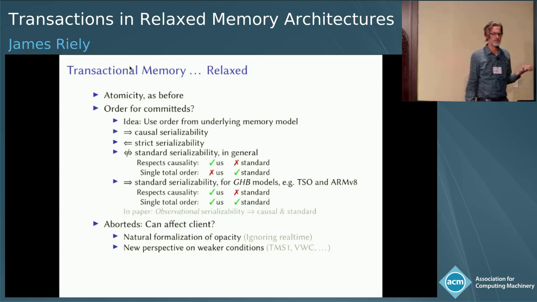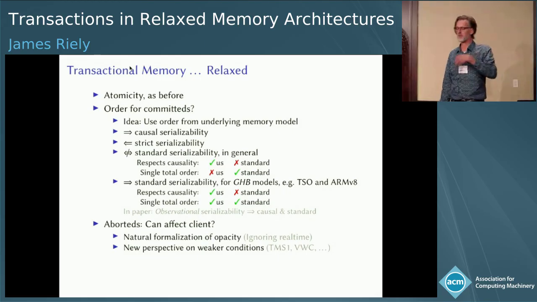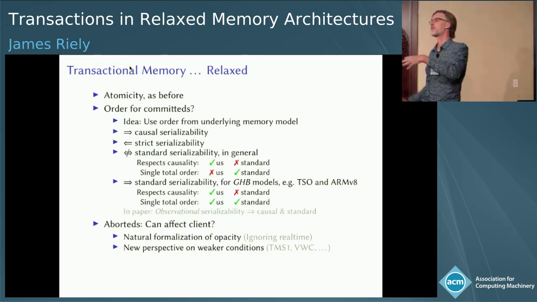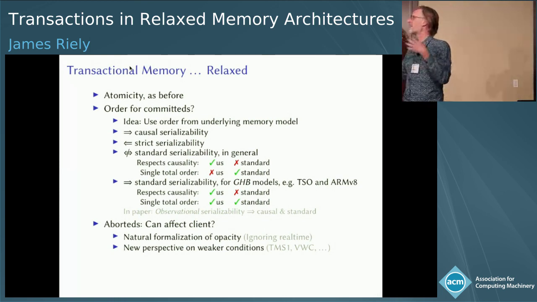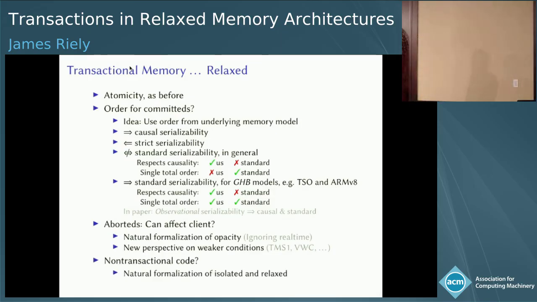For aborteds, doing nothing, just doing what we think we're doing, we naturally just get opacity. Doing a little bit more work, we can come up with these weaker notions, but it is more work. And for non-transactional code, we very naturally get isolated transactions. To get relaxation just requires a tiny bit of work.